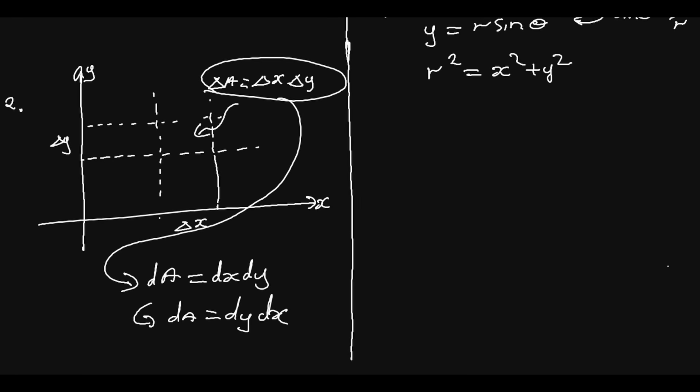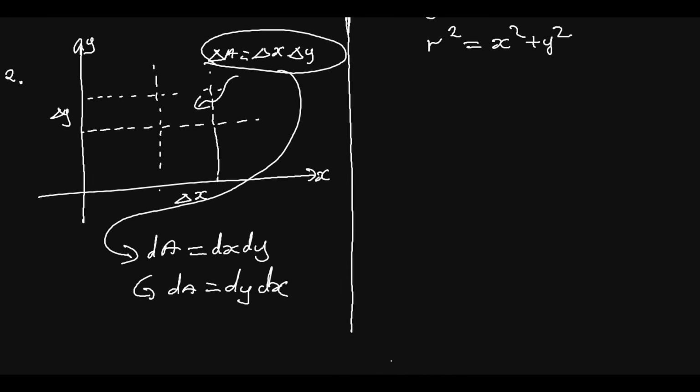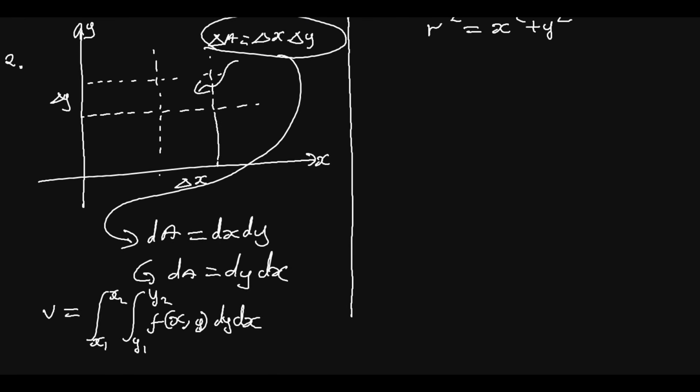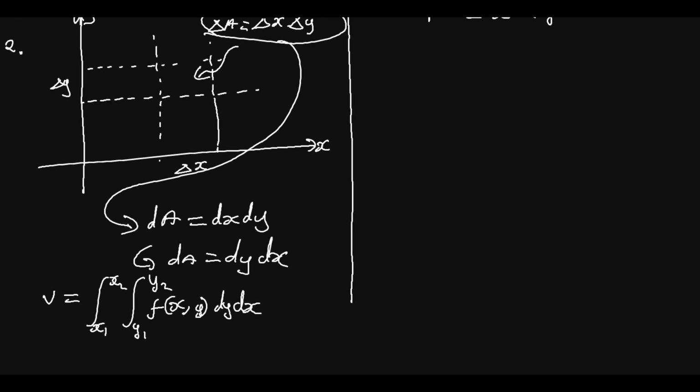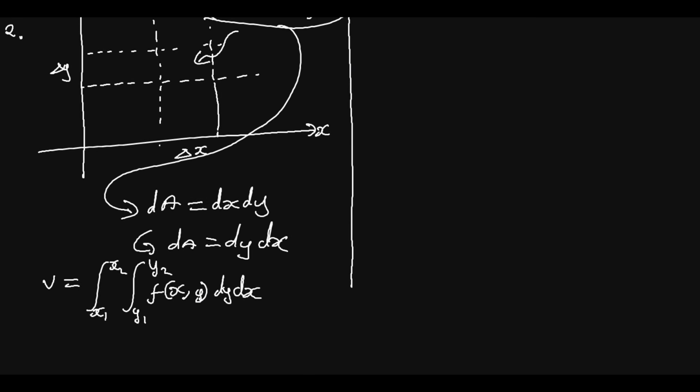So therefore what we have is that the volume here, V, is equal to the integral with limits x1 to x2, y1 to y2, of f of x, y, so therefore it's dy dx. Then according to the theorem we are using, we can also have the case where the limits are changed and we get the same value.